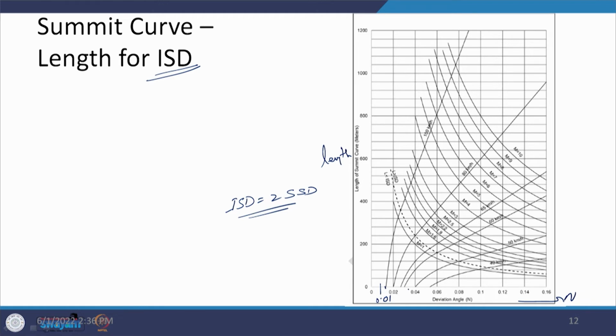So, this is how we have to look at it, and when you look at this dotted line, it means below it we are talking about a length less than ISD, and above that we are talking about a length greater than ISD. Similarly, here also we have the same conditions for OSD.